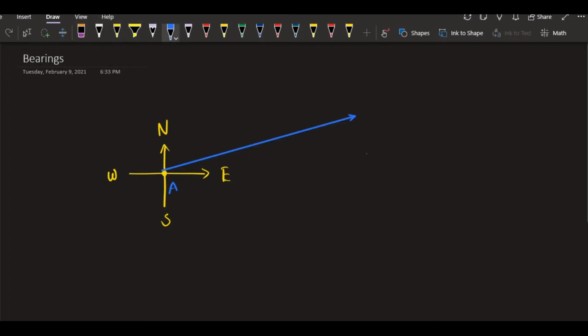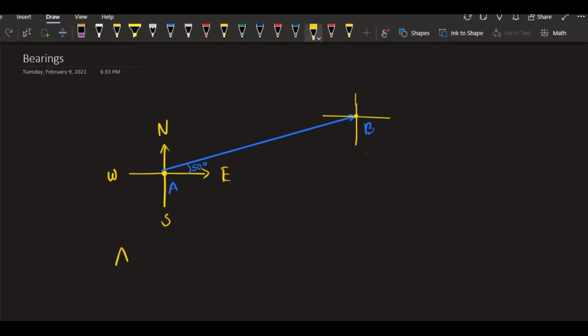Suppose the angle he makes is 50 degrees. So observe this one thing here: his motion is from point A to point B at an angle of 50 degrees from north, right?